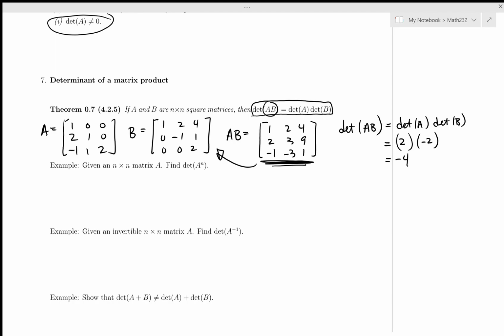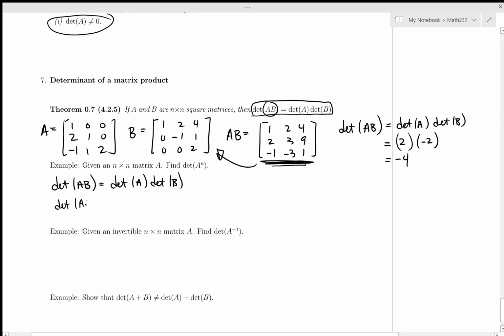Okay, what is the determinant of A to the power n? This is easy to see. The determinant of AB is equal to the determinant of A times the determinant of B. So let me just replace B with A. That tells me that the determinant of A times A is the determinant of A times the determinant of A, which is the determinant of A squared.